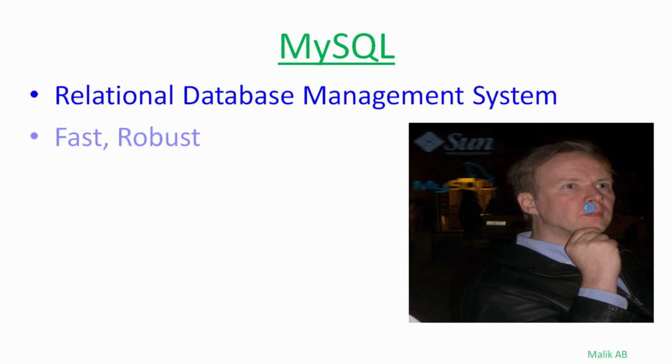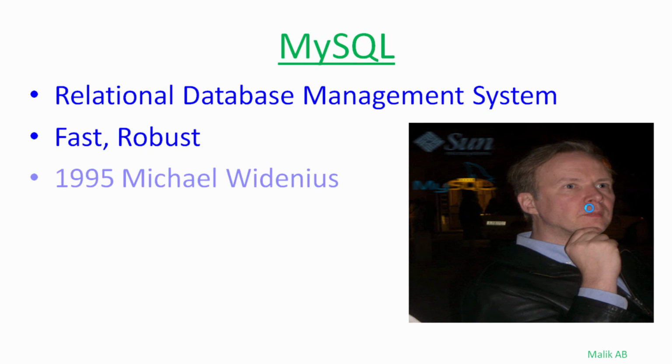Now let's have a look on MySQL. What is MySQL? It is a relational database management system. It is a database management system, but relational. Relational means that it is storing information in some sort of relations to other information, and tables have relations.